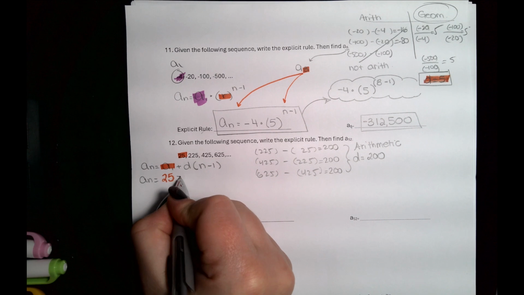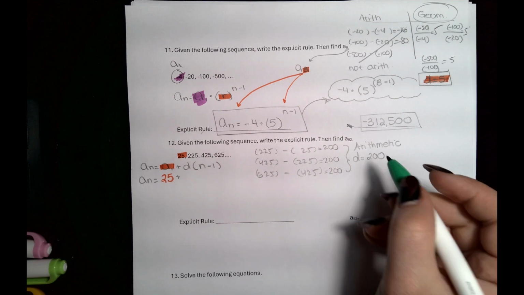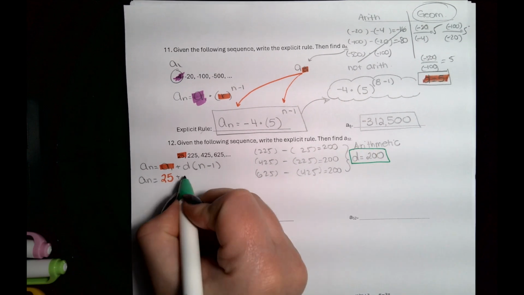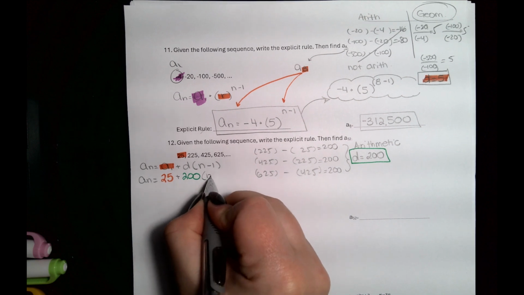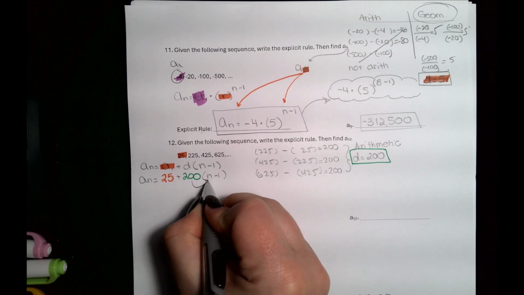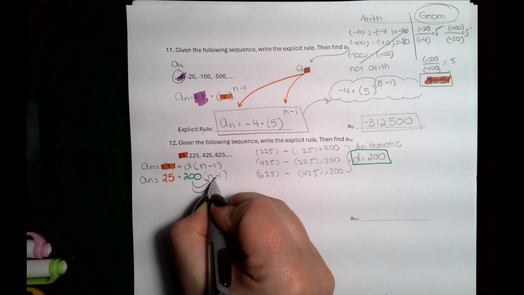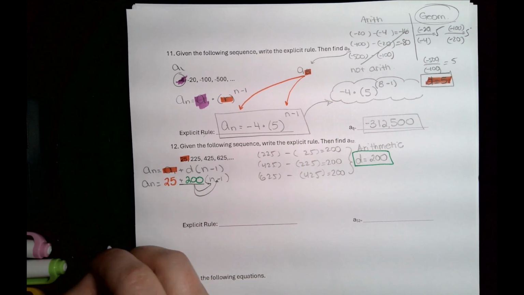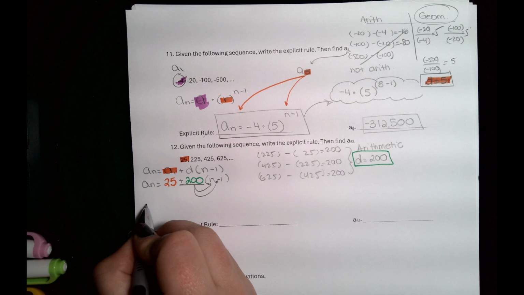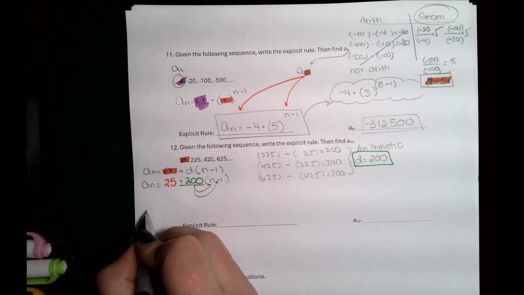And then we have our common difference. Our common difference is 200. And then you're going to keep your n minus 1. We do need to distribute that positive 200 onto n and negative 1.